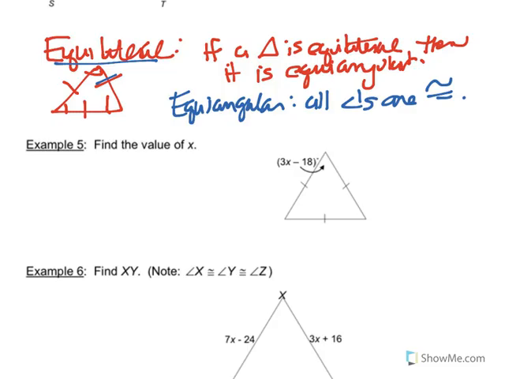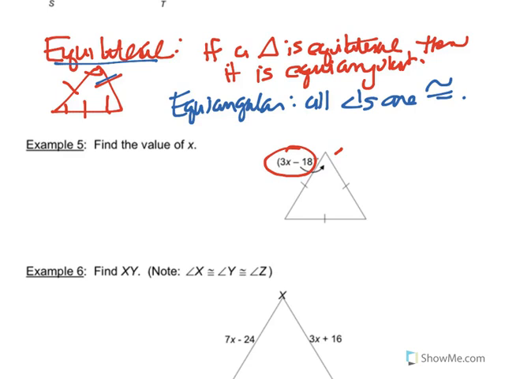Okay, so let's do number 5. It says find the value of x. It's showing us that this expression, 3x minus 18, is for this angle. What do we notice about this triangle? All three sides are equal, so that means all three angles are equal.